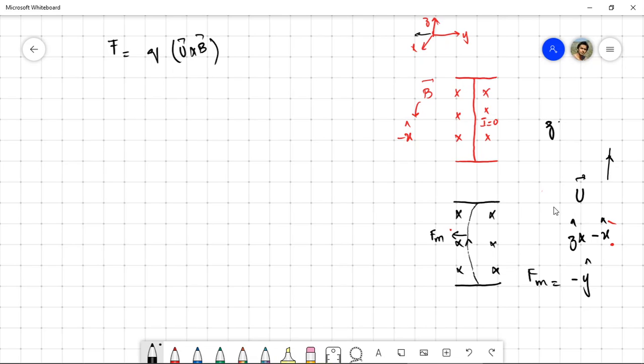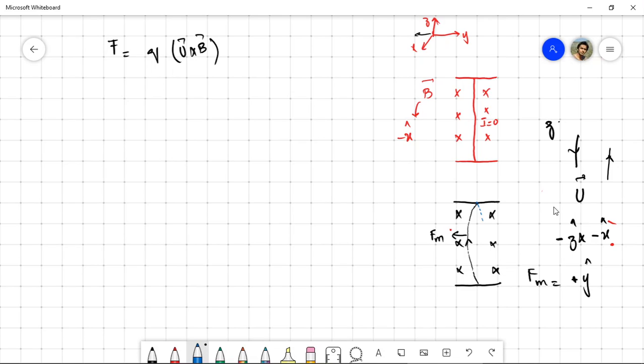Now if the same thing happens, but the direction of current is downwards, what effect will it have? Now the direction of velocity is in the minus z direction, and the direction of B is once again in the minus x hat direction. As a result, the direction of Fm will be in plus y.